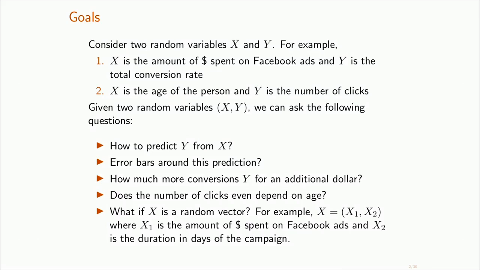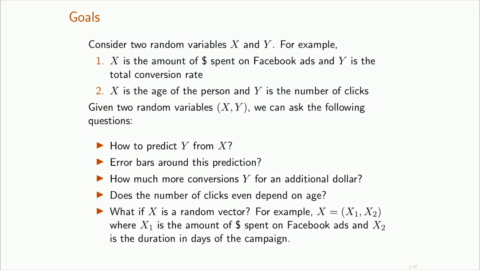And then what if X is a random vector? Most of the regression we're going to talk about is not just about a single variable. You have a bunch of measurements, right? When I described this example of measuring, say, the amount of fat in the body, you have maybe 5 or 10 measurements you can actually work with, not just one. Here, for example, the data set that we have for Facebook has probably 20 variables measured for a particular transaction. And so you might want to combine them to get a better and more accurate prediction of the conversion rate.